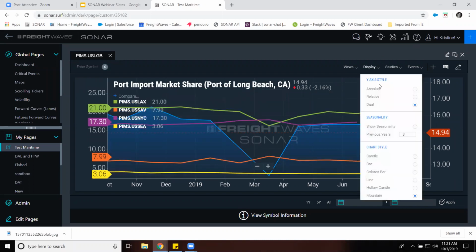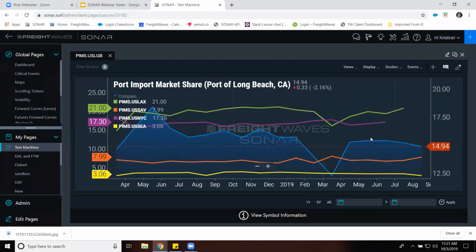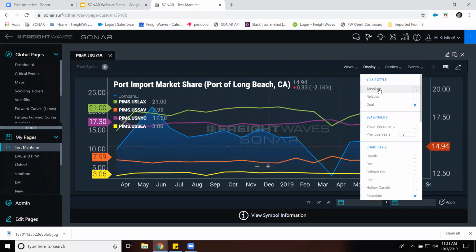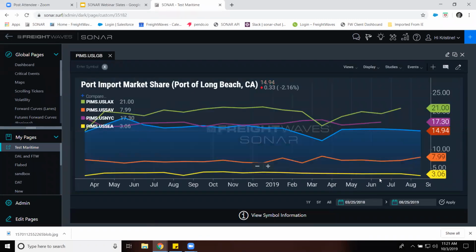So if we put this on a dual, we already have it on there. If we back it out, you can really get an idea of how these are growing relative to one another. So you see LAX is, actually, let's take that in absolute, let me refresh this. Okay, so now that's a much better way to look at it.